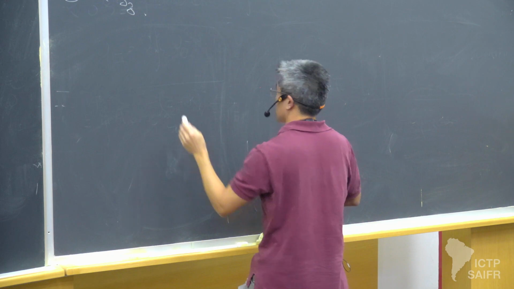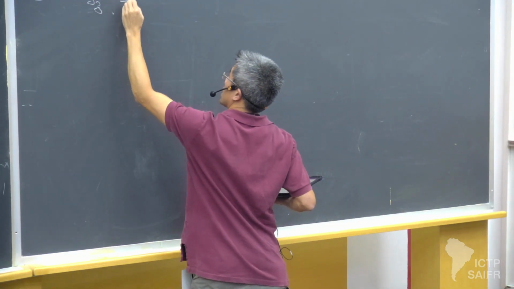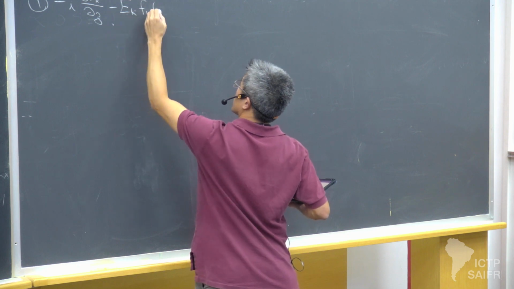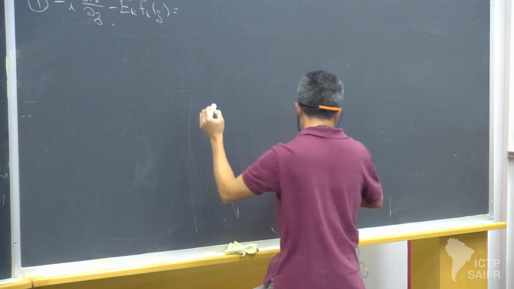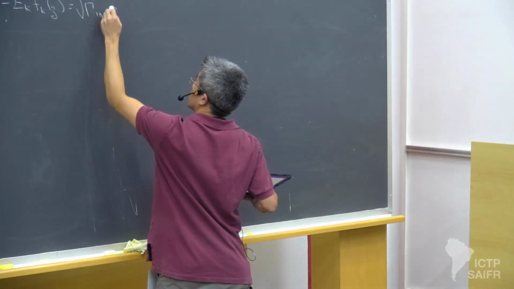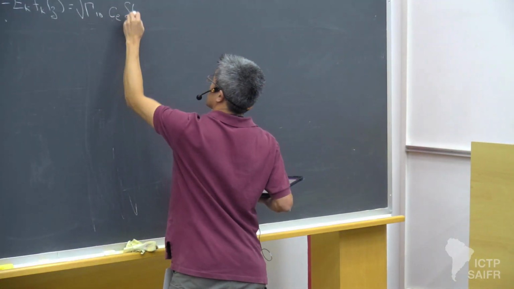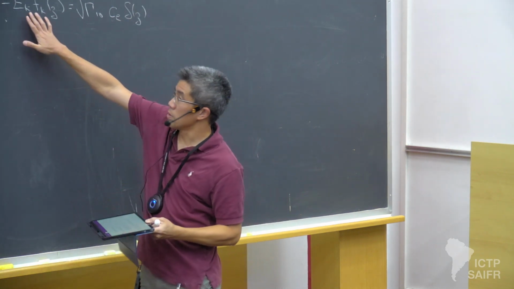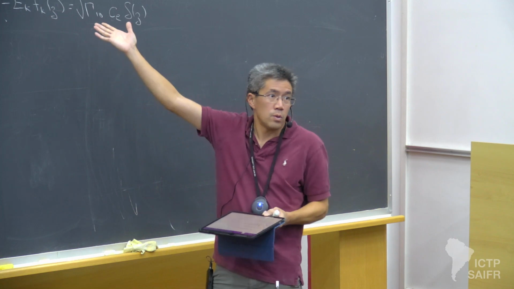So ∂f/∂z minus E_k f_k(z) equals square root of gamma_1D times c_e times delta of z. Okay? So the left-hand side is like a normal wave equation for light, which is kind of normal.